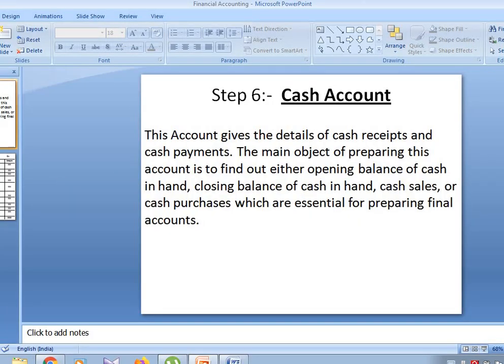Now the 6 steps of preparing the data from single entry to a double entry system are over. That is, we have studied all the 6 steps starting from preparation of opening statement of affairs, then debtors account, bills receivable account, creditors account, bills payable account, and the last step, that is cash account, which we have already studied.